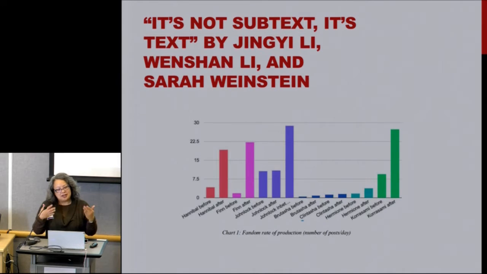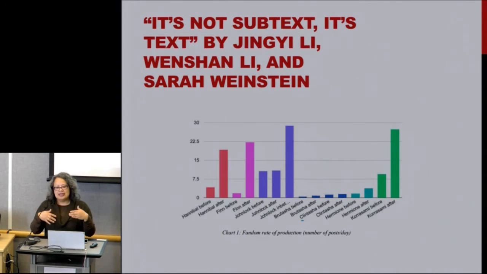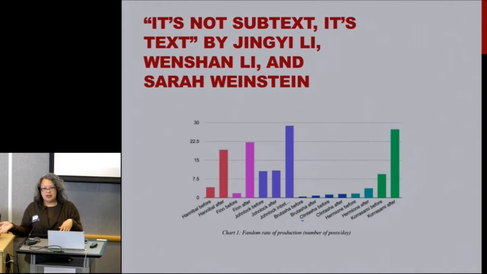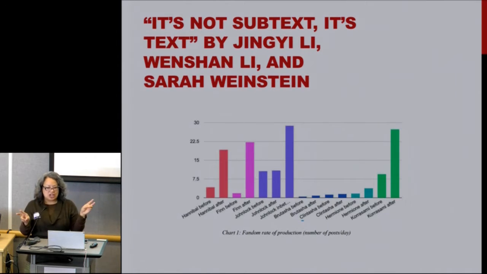So they looked at instances in which a couple got together on a TV show who hadn't been together before. They looked at the casting of Hermione in Harry Potter and the Cursed Child; in the London production, Hermione was cast with an African-British actress, and also Finn in Star Wars was cast with an African-British actor. So they looked at these canon changes and also analyzed fan art.